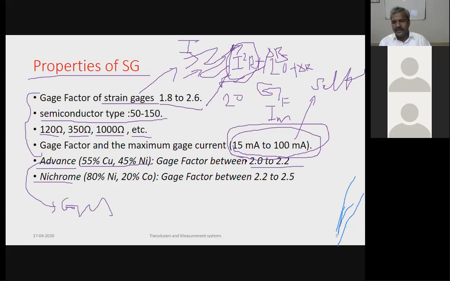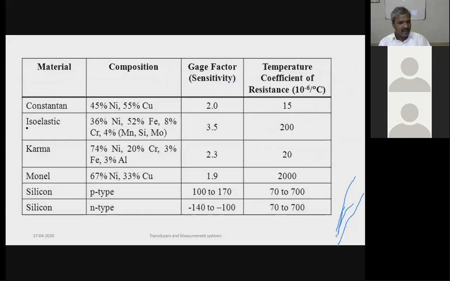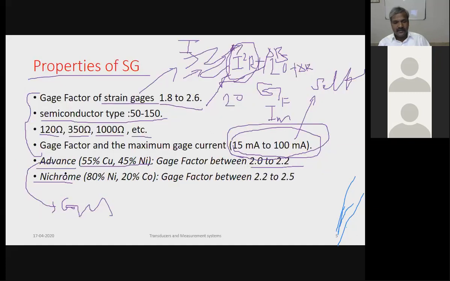Most of the cases the examiner will give advance alloy, isoelastic alloy, or manganese alloy, then constantan. The advance alloy is 45% nickel, 50% copper. Then nichrome is 80% nickel and 20% chromium. The gauge factor value is from 2.2 to 2.5. Understand?